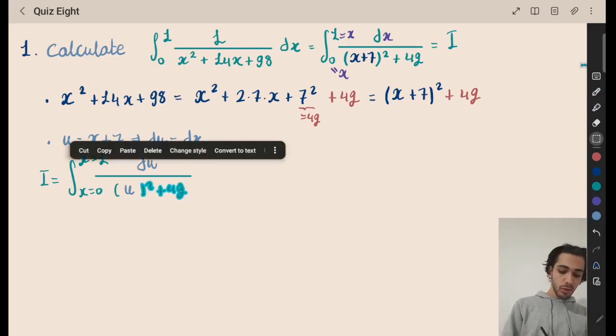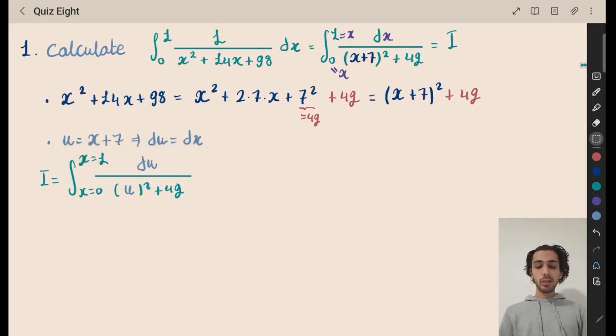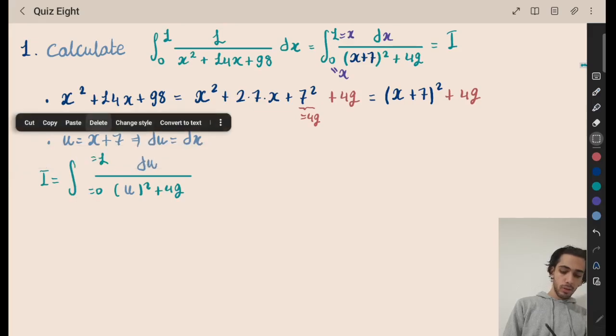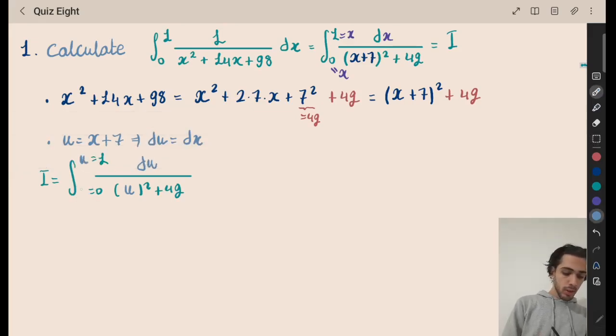But there is something that needs to be changed about this integral. What is it? Yes, exactly, it's the boundaries. So the boundaries are still in terms of x. So I need to do like this. But then am I done?